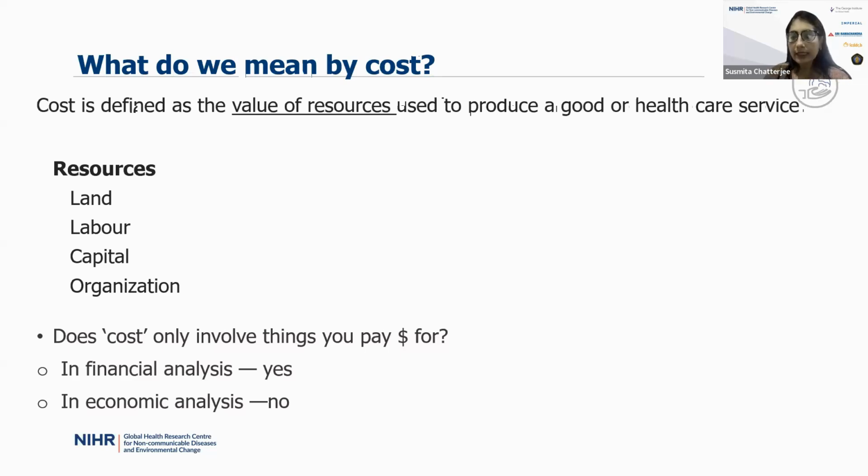So when you are trying to value all these resources, that is the cost. Now the confusion starts when you think of whether this value is just the money.